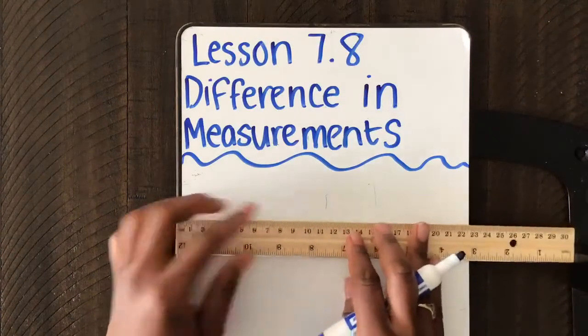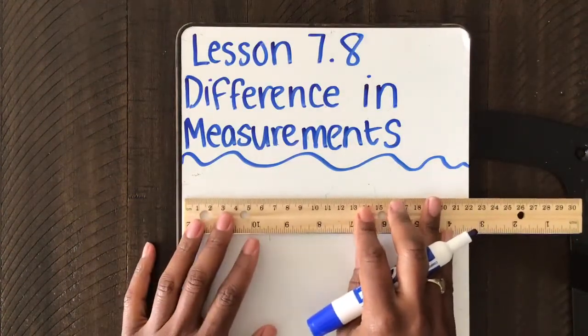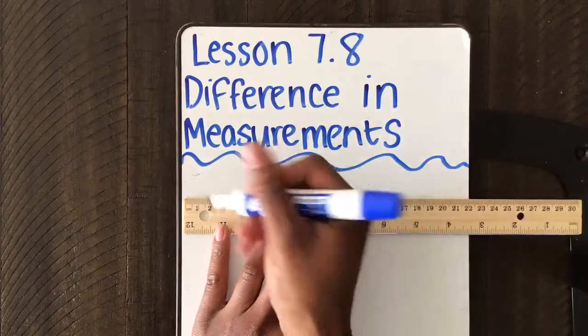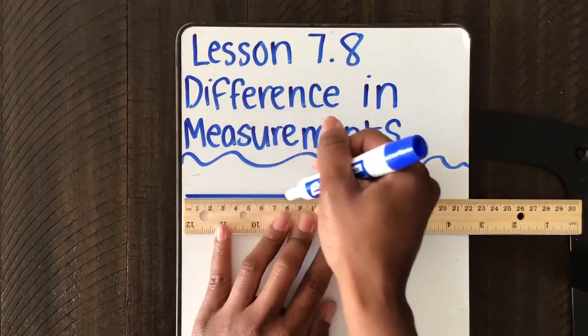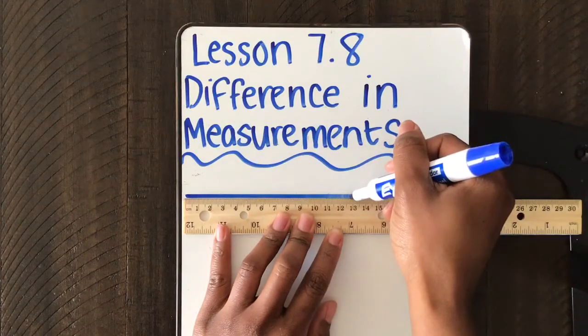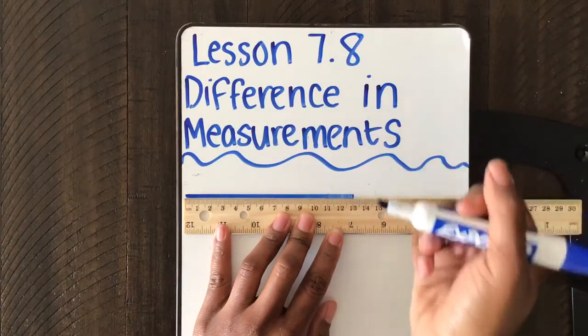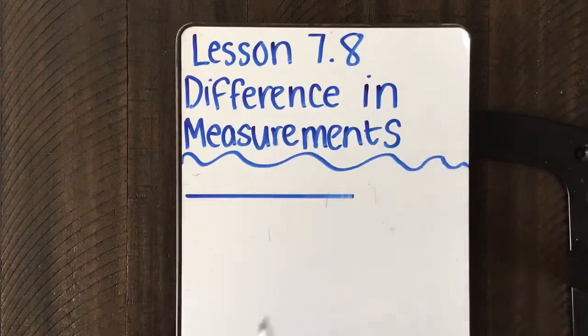Let me go ahead and stick with centimeters. This time I'm going to draw line A and I'm going to make it 13 centimeters.